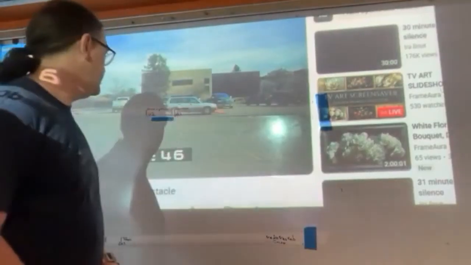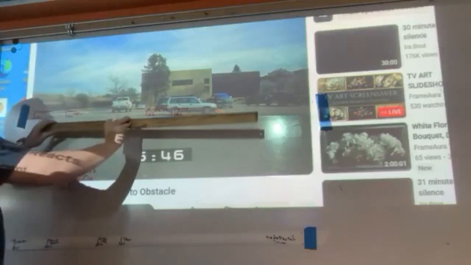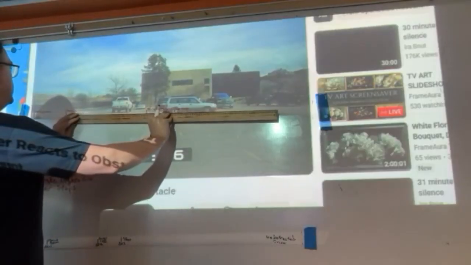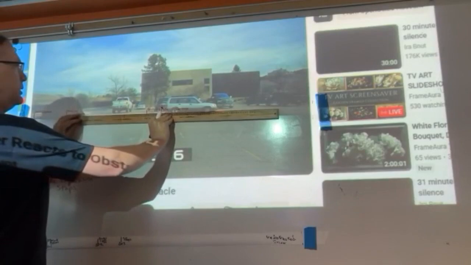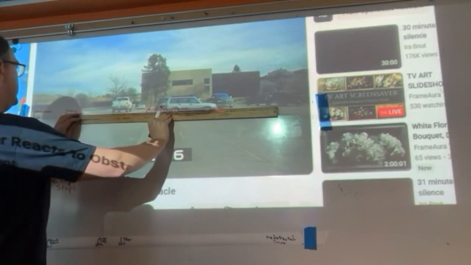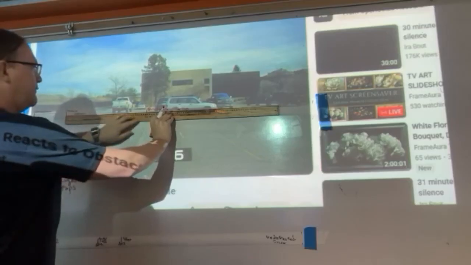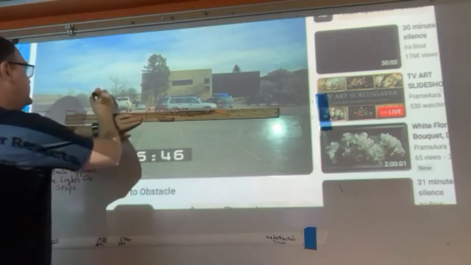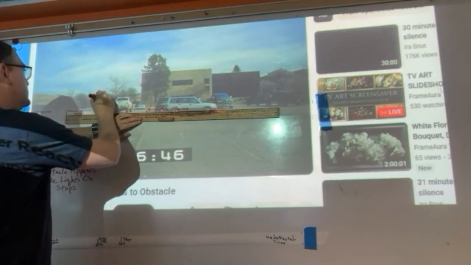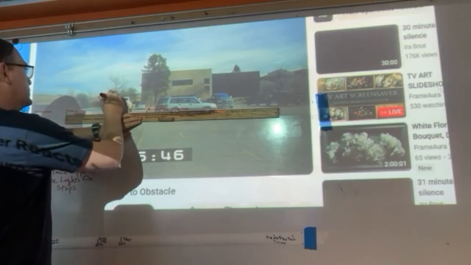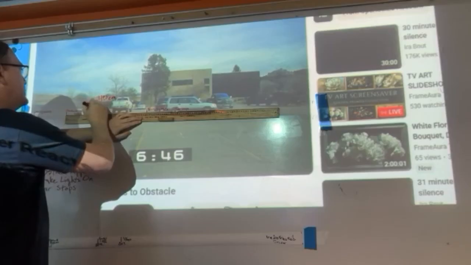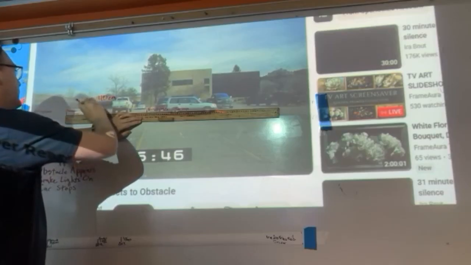Remember that our reaction distance is the distance between the obstacle appearing and the brake lights coming on. I have that distance as 40 centimeters. Reaction distance.